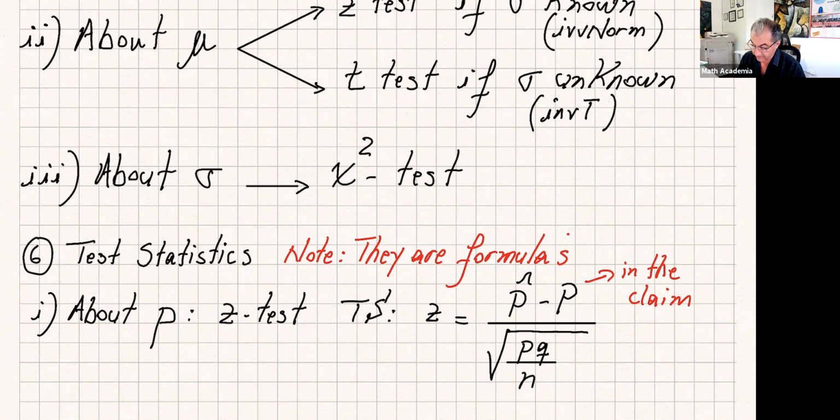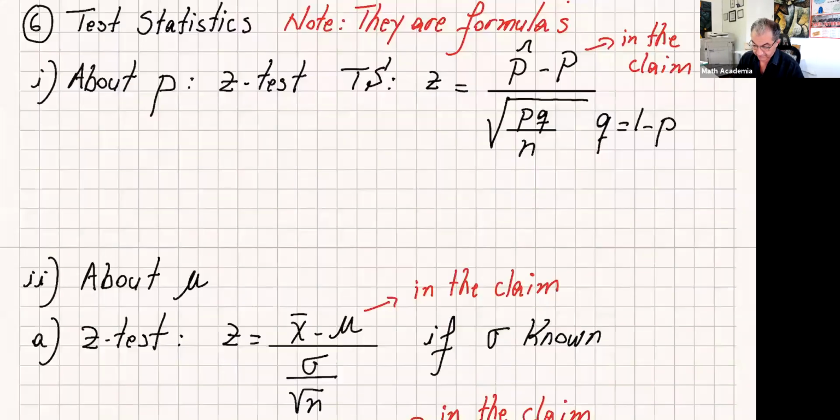And the formula is given by p hat minus p over square root of p times q over n. And that p is the same thing as that. And we all know q is 1 minus p always. So please note that this p is in the claim, and that's the sample proportion.